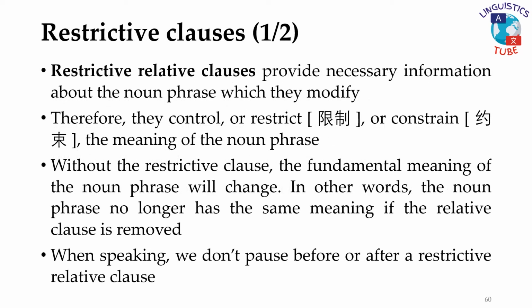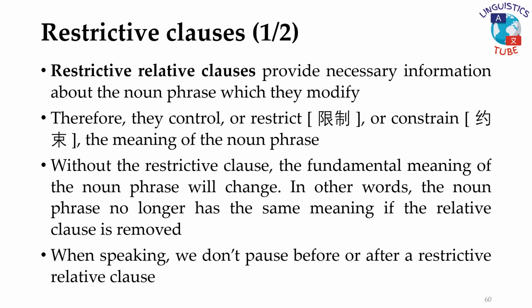At the beginning of this episode, I said that relative clauses function like adjectives, because they modify the noun phrase to which they are connected. When a restrictive relative clause modifies a noun phrase, it provides necessary information about the noun phrase.